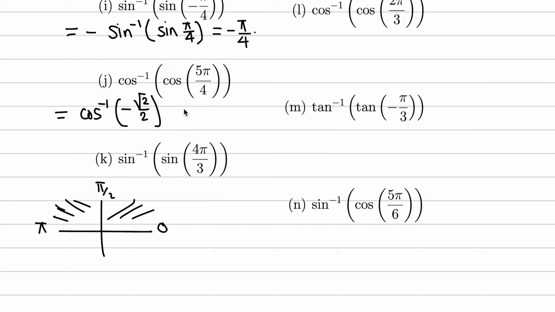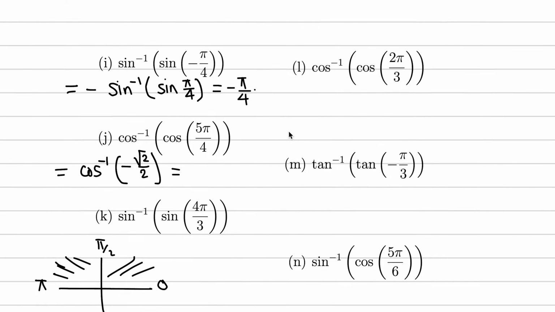Cosine means x coordinate. Now, don't pull negative outside. We can't for cosine inverse. Now look at the first or second quadrant. Obviously negative means second quadrant, where cosine has root 2 over 2. So find the angle where the x coordinate is negative root 2 over 2.